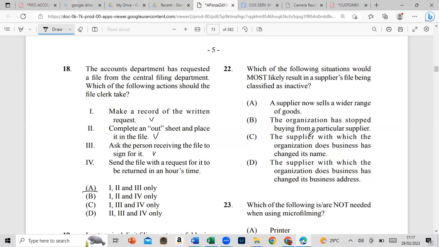C. The supplier with which the organization does business has changed its name. Or D. The supplier with which the organization does business has changed its business address. And that would be B, the organization has stopped buying from a particular supplier. Doesn't matter the reason, when you stop.